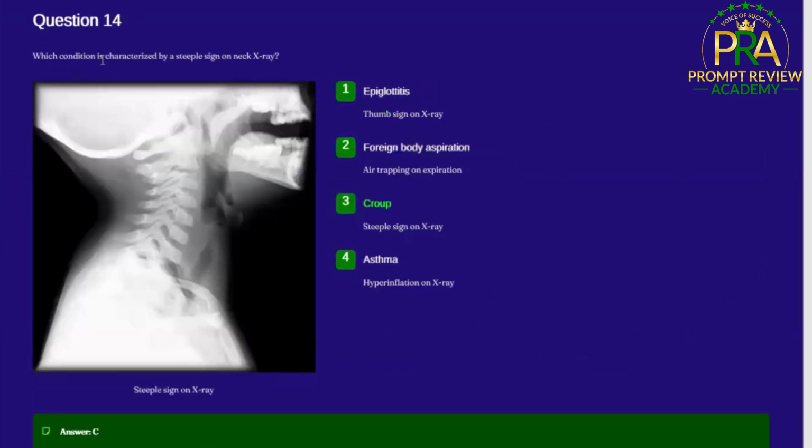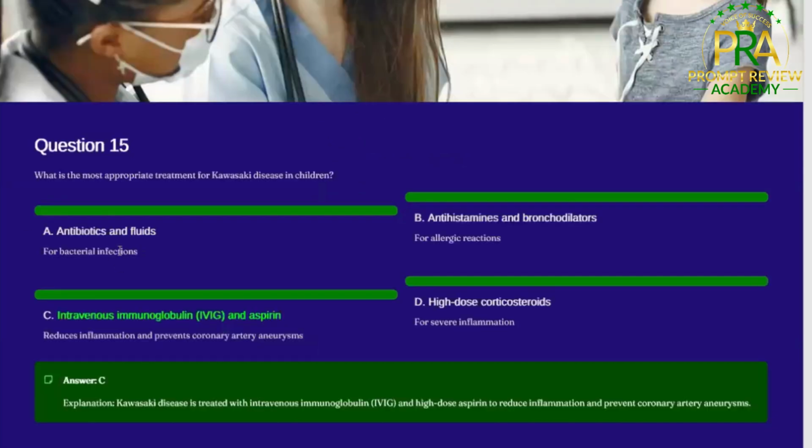Which condition is characterized by a staple sign? We have mentioned this. The answer is croup. Croup is where you have the staple sign, but the thumb sign is where you have epiglottitis. What is the most appropriate treatment for Kawasaki disease?